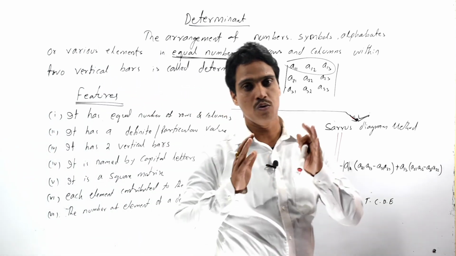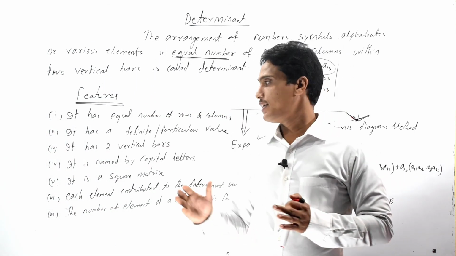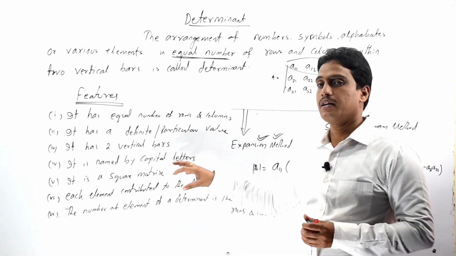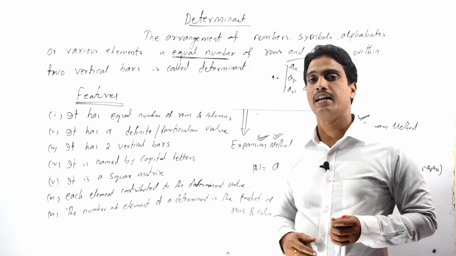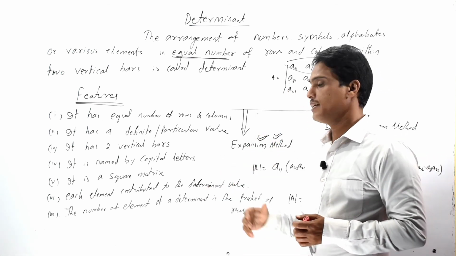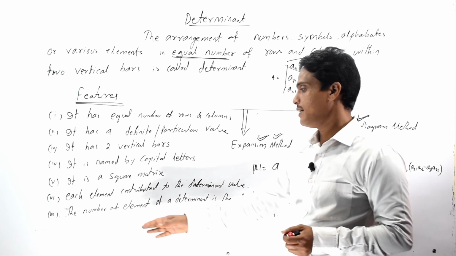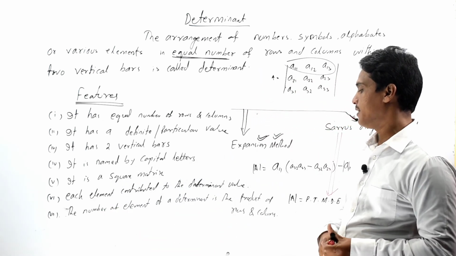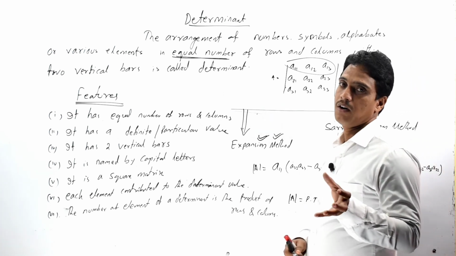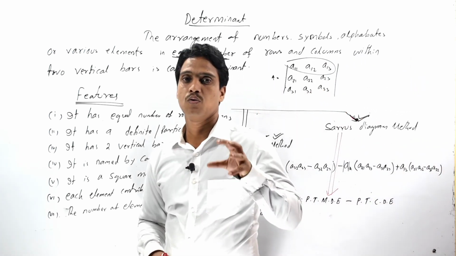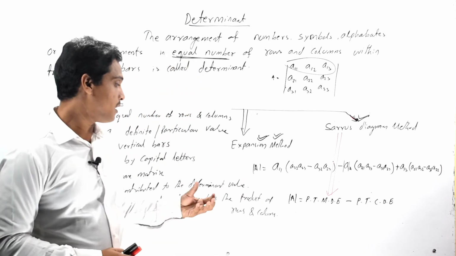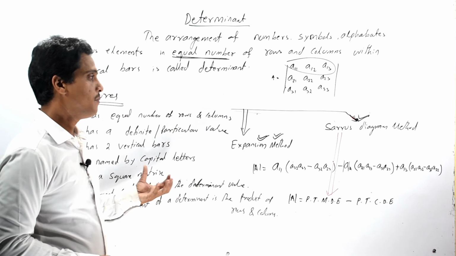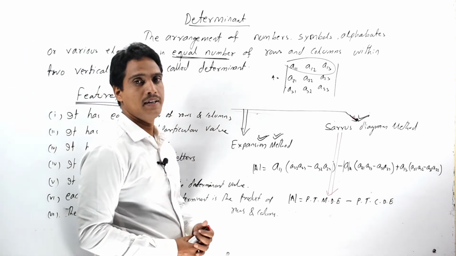That means in order to find the determinant value, we must consider each and every element of the given determinant. Then the next feature is that the number of elements of a determinant is the product of the rows and columns of the given determinant. So these are all about the various features of our determinant.